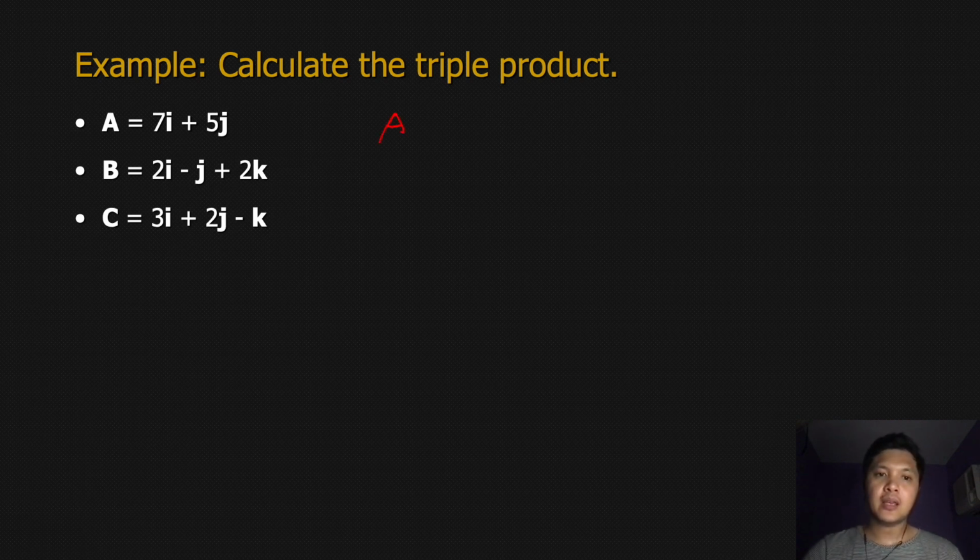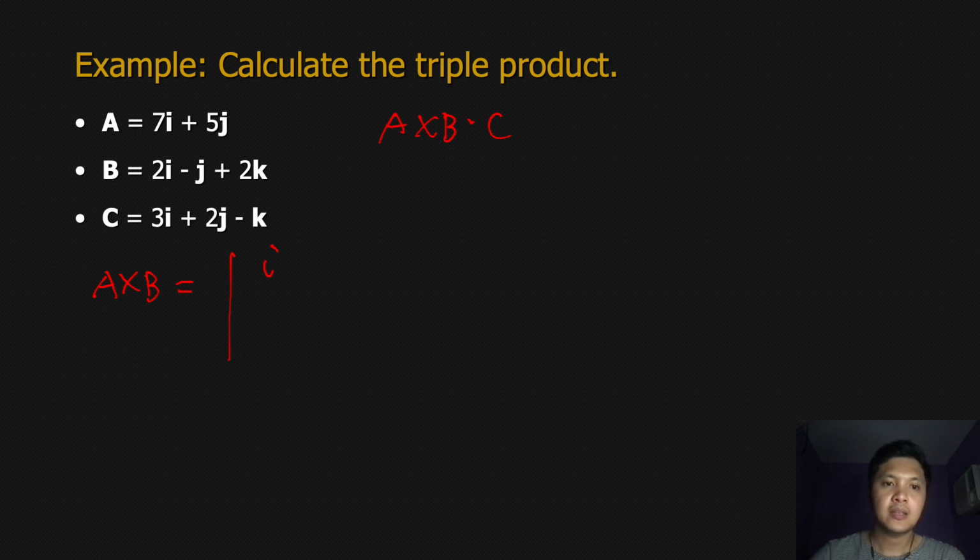So A cross B dot C. We can simply get the cross product of A and B and then dot it with C. So A cross B is, okay, let's use the matrix notation.